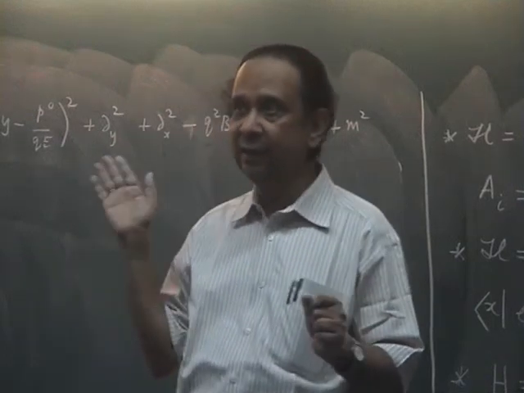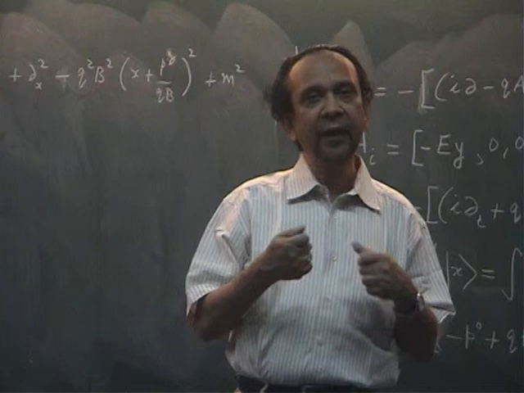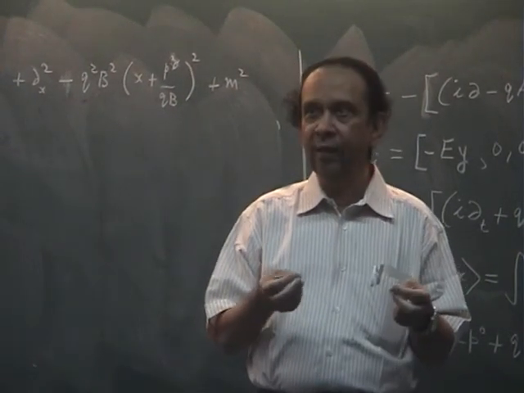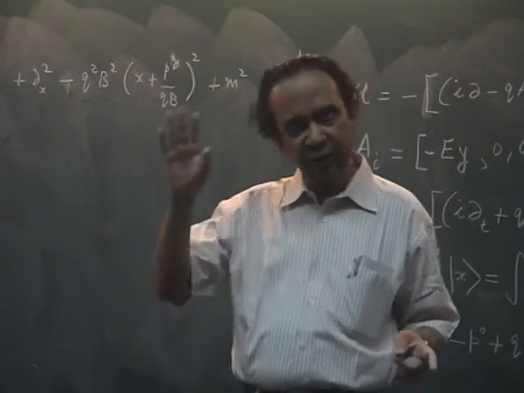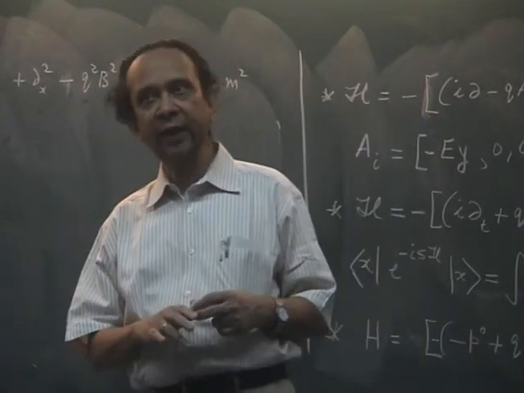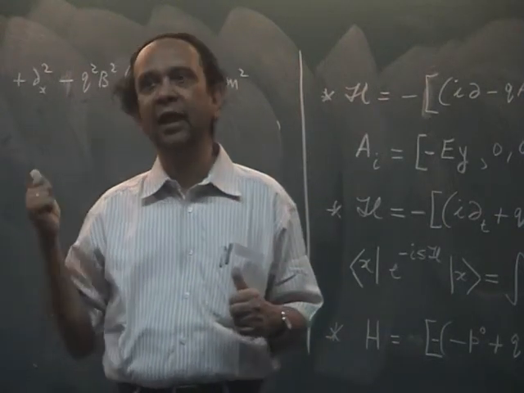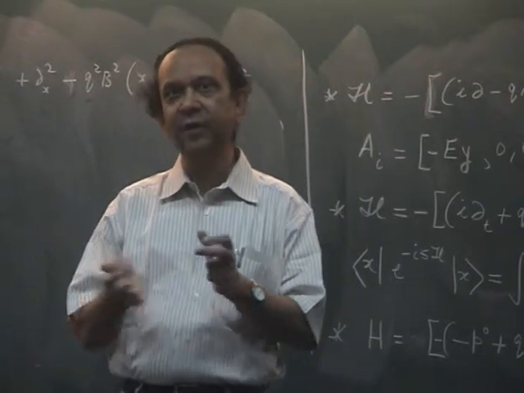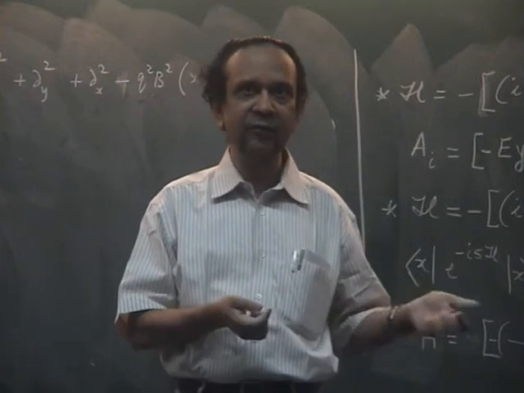This translates in this theory into a constant electric field making the vacuum unstable and producing pairs of particles, while a constant magnetic field will not do that. Eventually, when you work everything out, you will find that it is the electric field which leads to an imaginary part to the L effective. And if you had only a pure magnetic field, it will not have an imaginary part. So the magnetic fields do not produce particles, while the electric fields do.